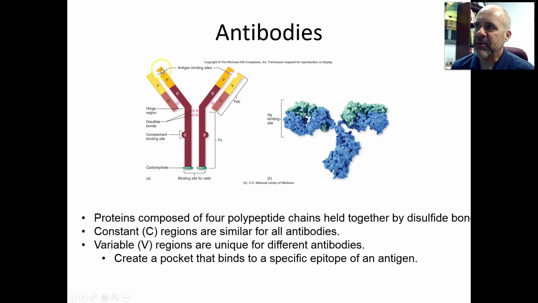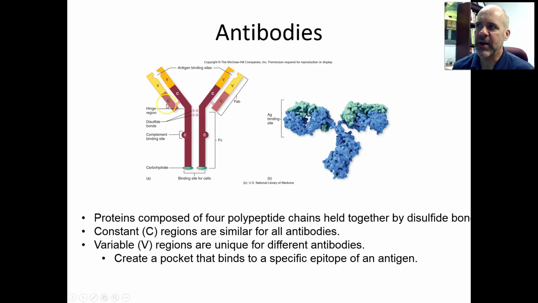And if you notice here, here's one polypeptide chain, here's another one, here's another one, and here's another one. So 2 of them are shorter chains, and 2 of them are longer chains. The longer ones are called heavy chains, and the shorter ones are called light chains, which makes sense based on their molecular mass.